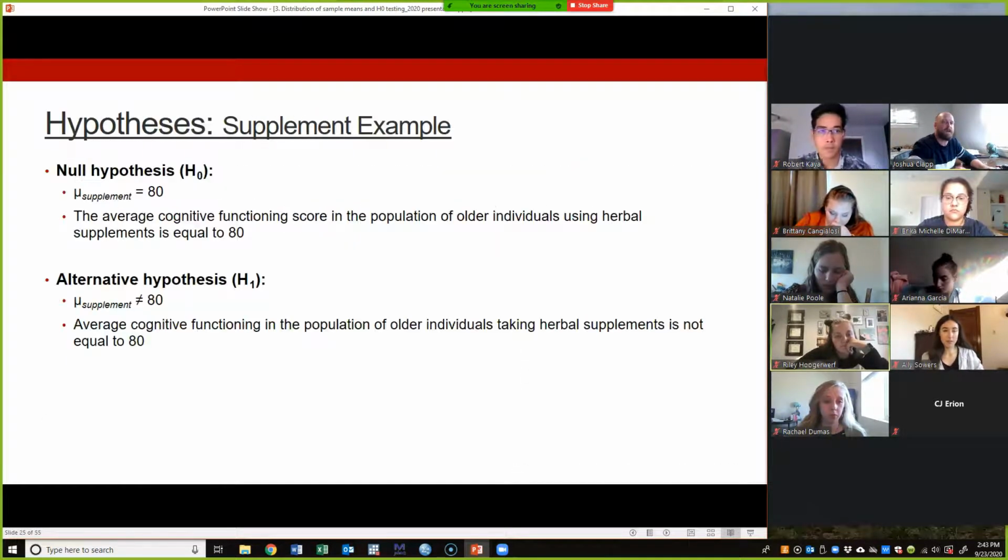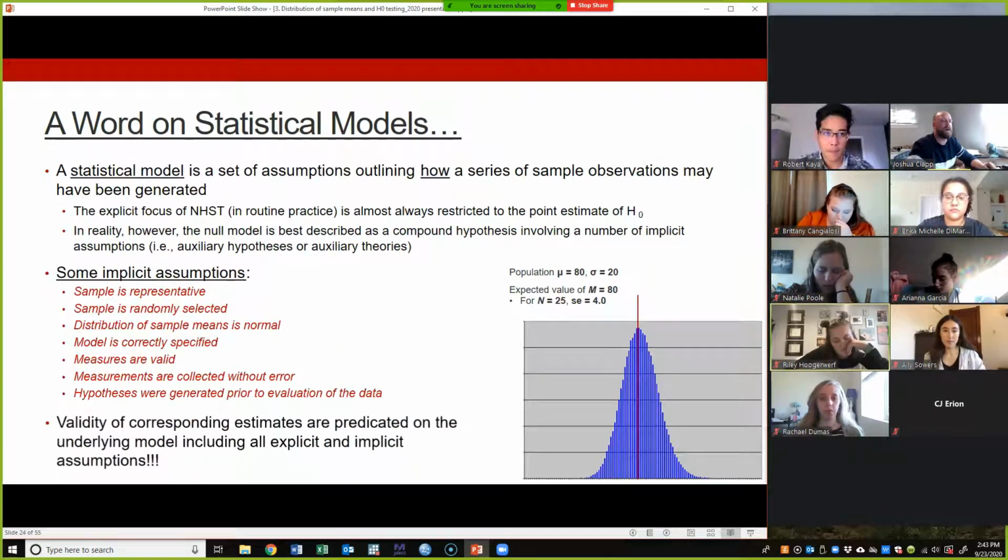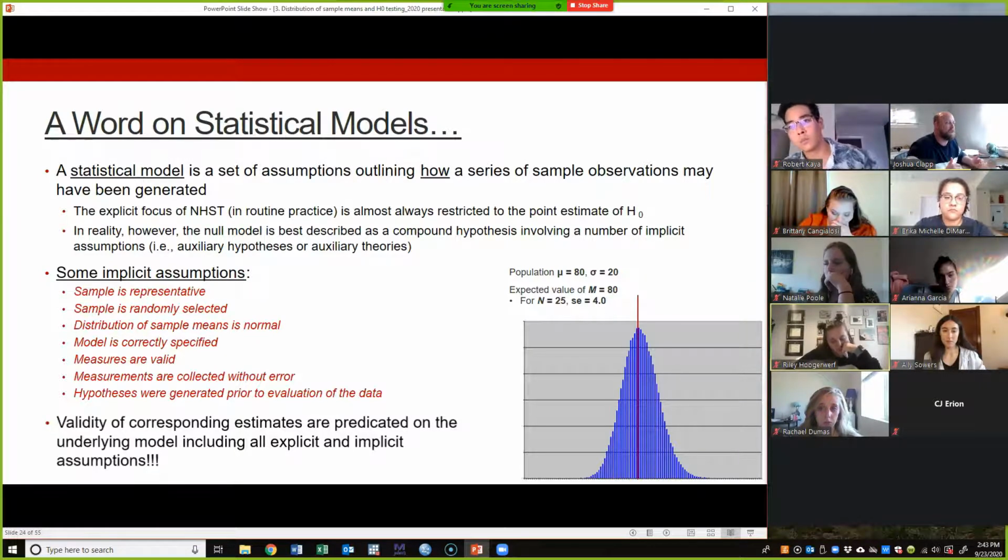We talked about how our test of the null hypothesis isn't just a test of the actual null hypothesis. We're also testing a lot of other implicit assumptions, auxiliary hypotheses. My test assumes that my sample is random, that my sample is representative, that my sample is randomly selected, that all of my numbers are doing the right things they should be doing based on my statistical test, that my measures are valid.